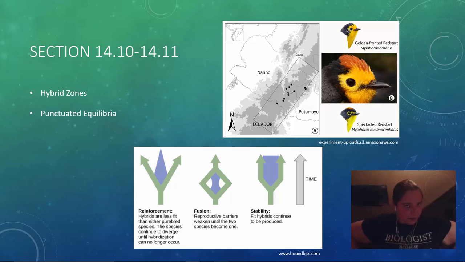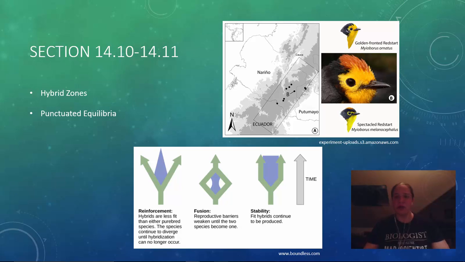This is not to say, however, that this is always how it happens. Yes, frequently, speciation gets reinforced and they just keep spreading apart. Not always, though. Sometimes, when two species can meet and hybridize, the hybridization may continue. Areas where this occurs, say in this area of Ecuador, where these two related species of redstarts, a type of bird, can find each other and mate, these areas are called hybrid zones.